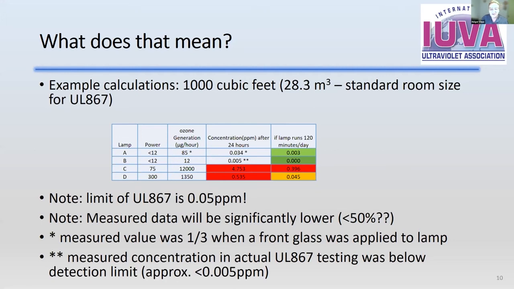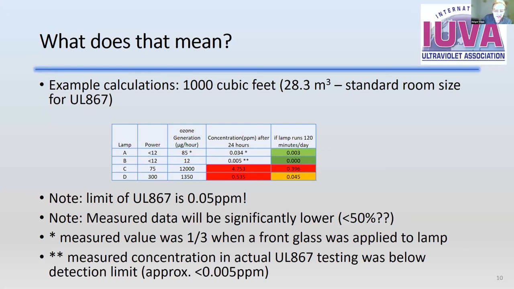But it has to be considered that this assumes 24 hours on. In practical application, especially if you work with ACGIH limits, the on time of these lamps will be much, much lower. You see, with these low power lamps, it is basically 0. With the 300 watt lamp, you may get close to the limits.